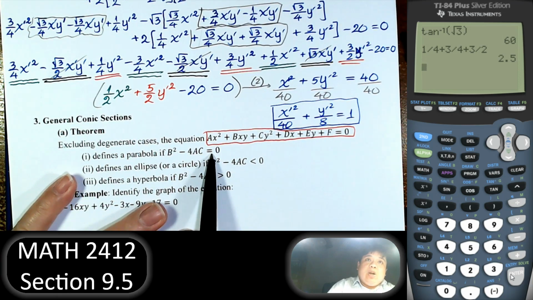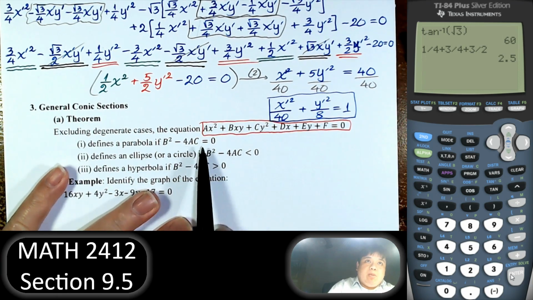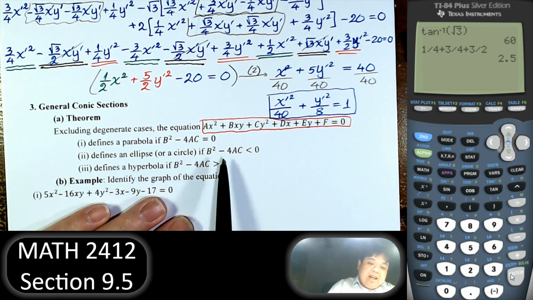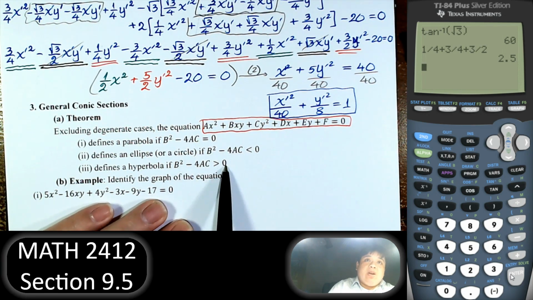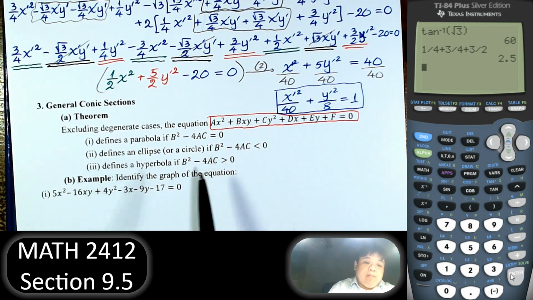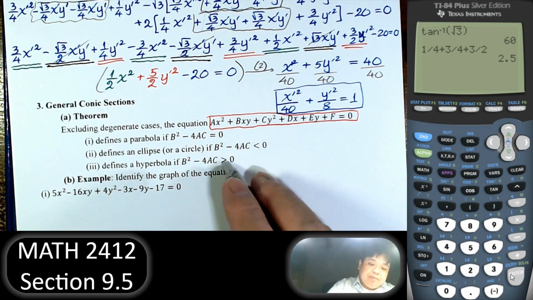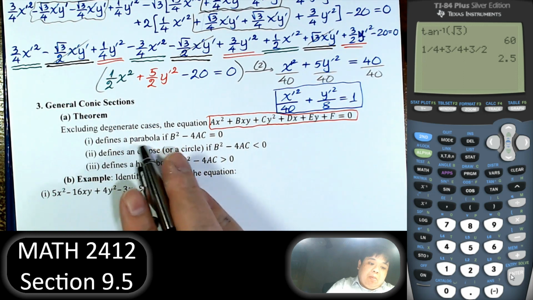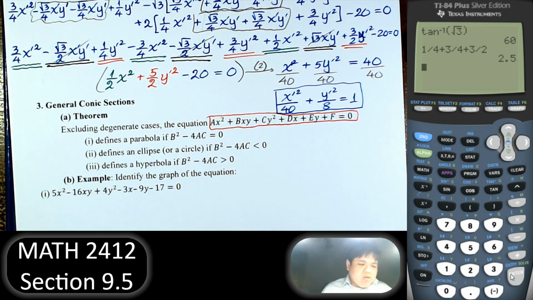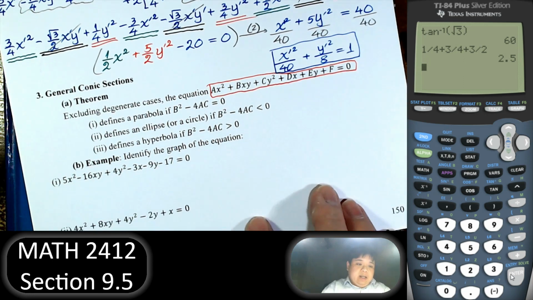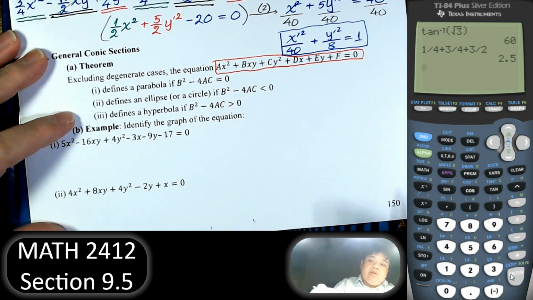If that is equal to 0, it is a parabola. If it is less than 0, it is an ellipse. If it is more than 0, it is a hyperbola. By the way, hyper means it's over, right? So it is more than 0. Parabola is equal, and ellipse will be less than that. So it's pretty straightforward. All we need to do is just b squared minus 4ac.